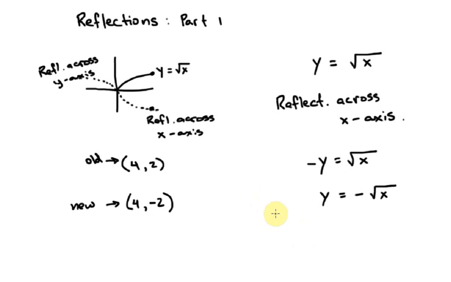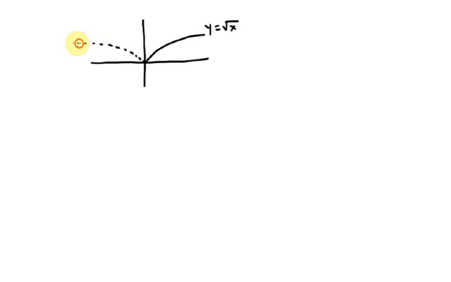So let's have a look at what if we do want to reflect across the y-axis. Let me just clear the screen here, and I kind of like having that original graph there. So there's the original graph, y equals root x, and we now want to flip it this way, reflecting across the y-axis.